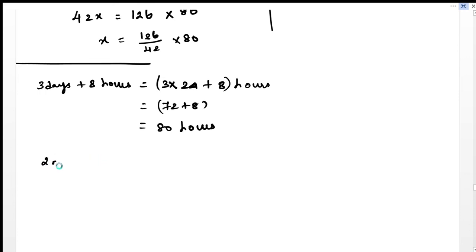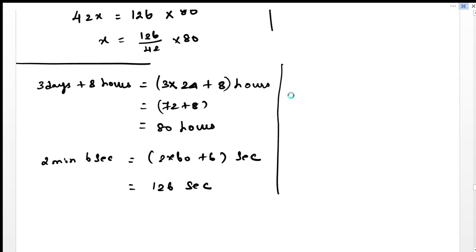And convert everything in seconds. Here it is given as 2 minutes 6 seconds, therefore 2 into 60 plus 6 seconds, which is 120 plus 6, that is 126. And also we know that the watch gains 42 seconds in 80 hours.